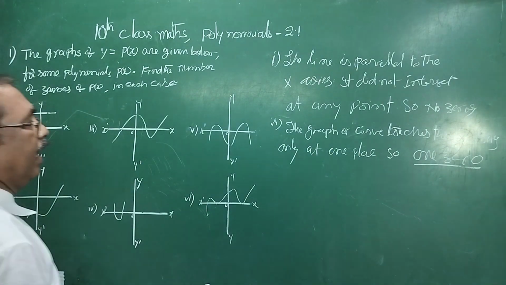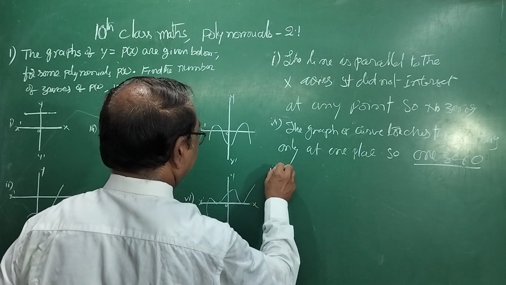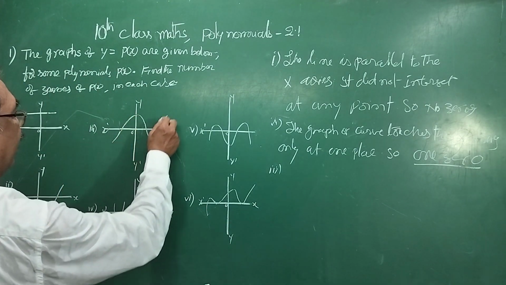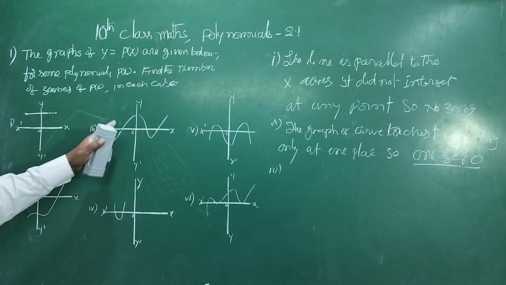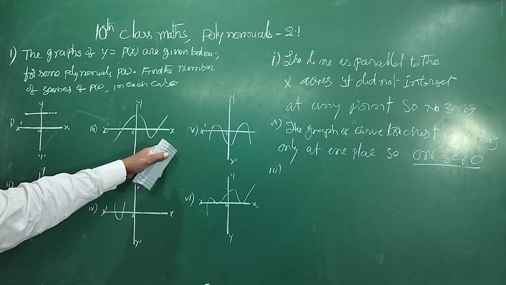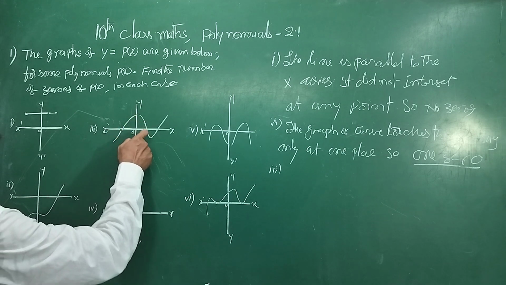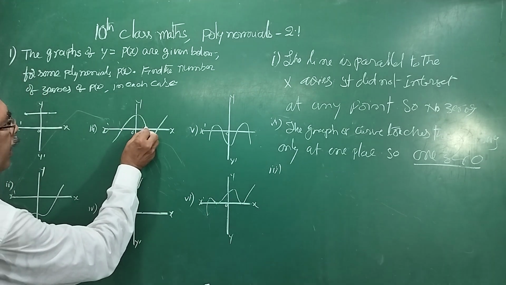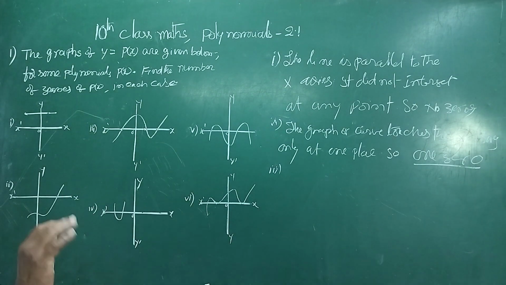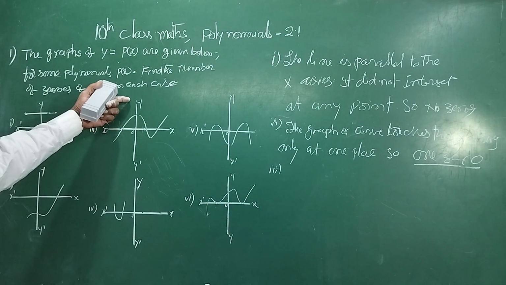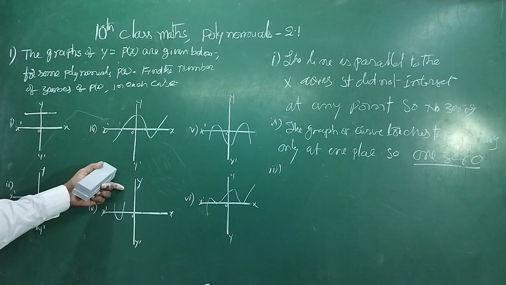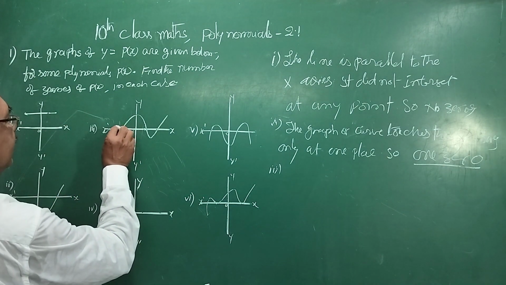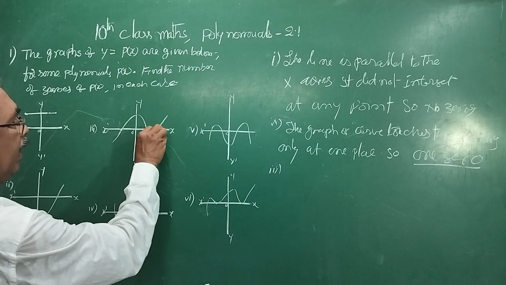Let us see the third one. At how many places does this curve touch the x-axis? Here 1, here 2, here 3. We should not take into account the y-axis, only the x-axis. 1, 2, 3.